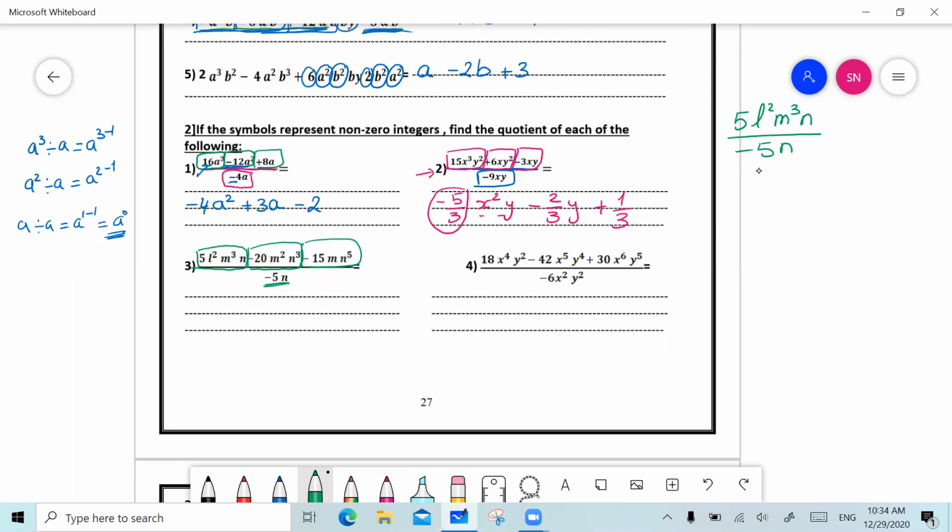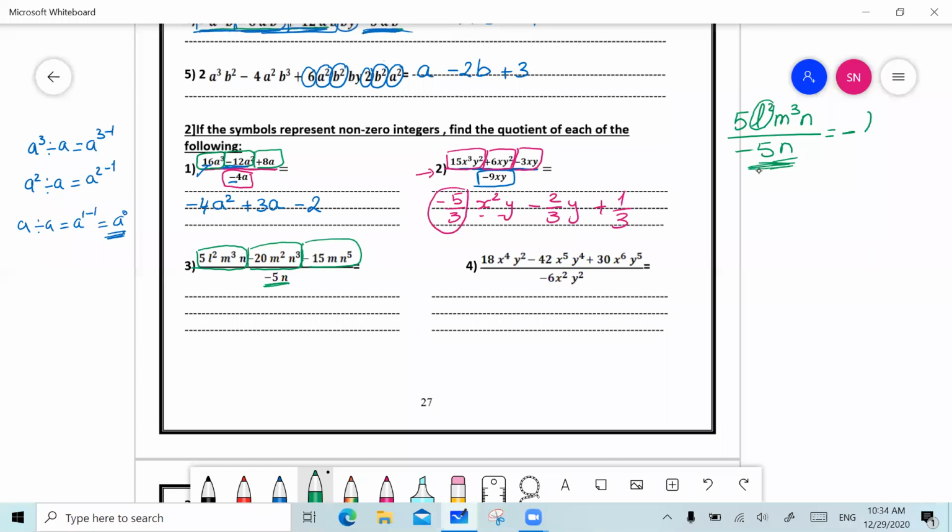5 divided by -5, this is equal to -1. We said that we don't write a coefficient when it is 1. So it is only, I will put the negative. L to the power of 2, here I have no L to the power of 2 in -5N.